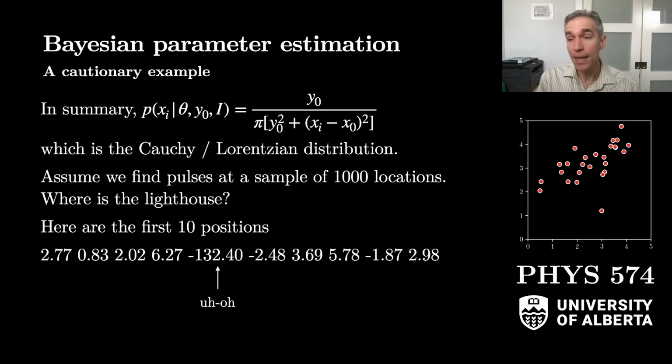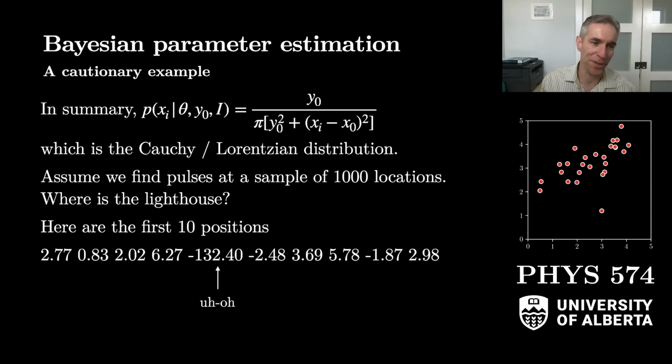So let's assume we measure pulses in a sample up to about 1,000 different locations along the shore. We want to figure out where x naught is. And I generated 10 random positions, and here they all are. And one of these numbers is very much not like the other.